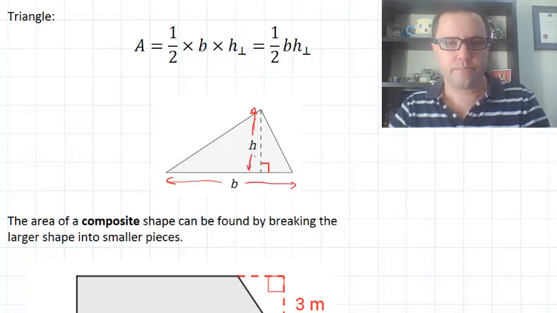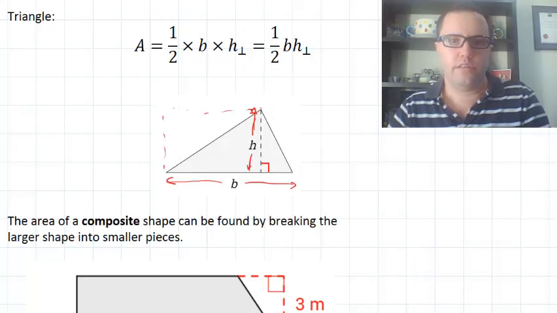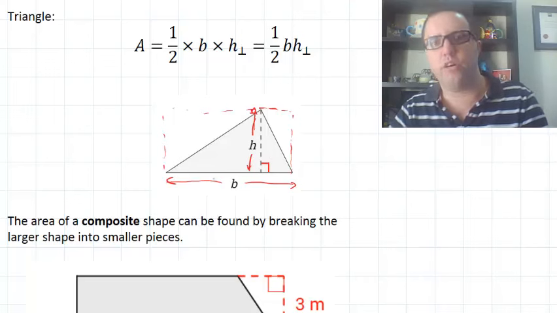We have this half out the front here because if you draw a rectangle around a triangle, the triangle is half of the area of the whole rectangle.